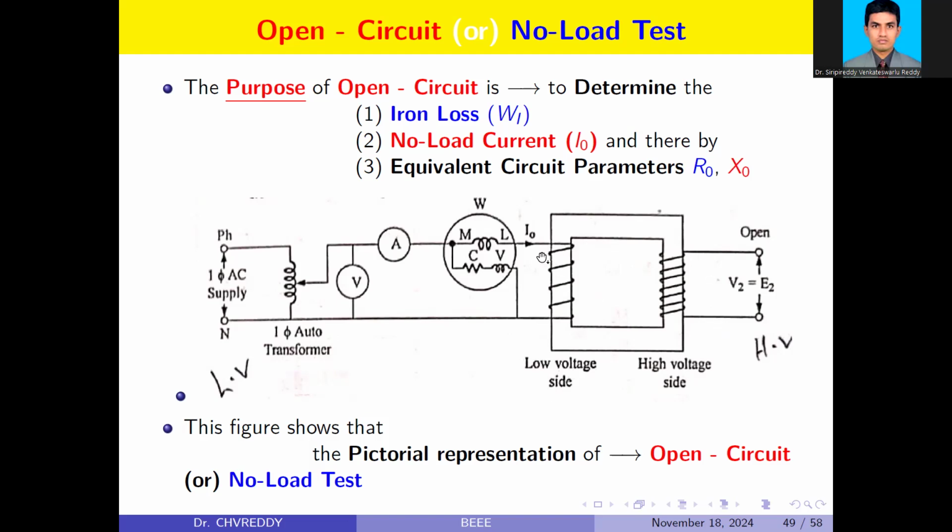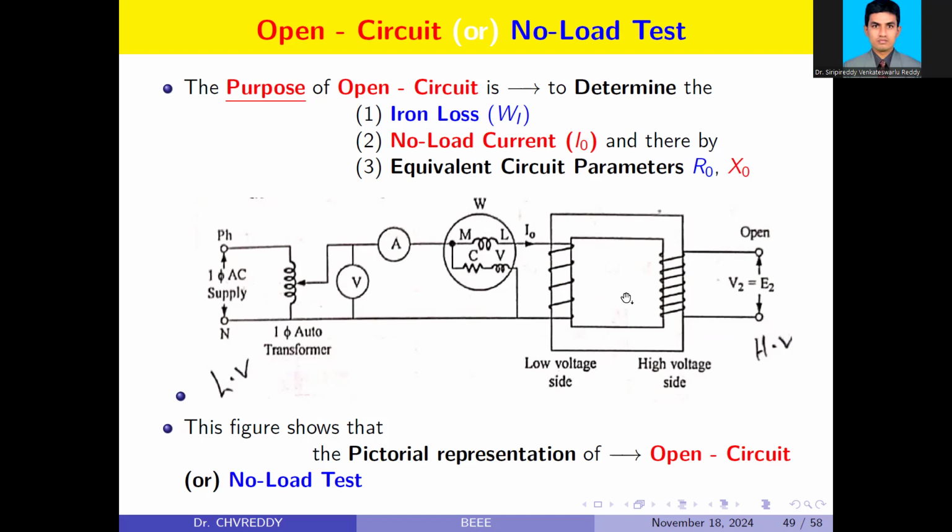The low voltage winding is connected to the rated voltage of the supply and its frequency. Its secondary winding is kept open. That's why it is called the open circuit test, because here there is no load. That's also why it is called the no load test. Try to understand clearly from the figure.